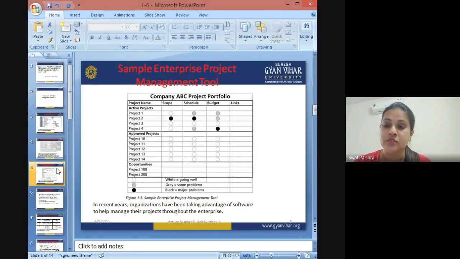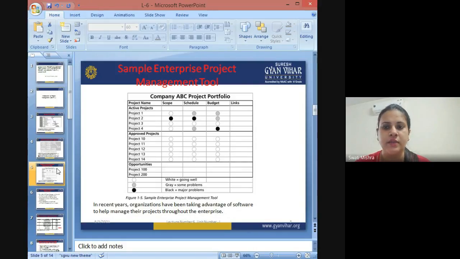There are some projects which are only approved, right? And the dark circles are actually showing the progress of those projects which have major problems. Then the gray circles are showing the progress of the projects with some problems, and the white ones are the projects which are going absolutely fine, right?